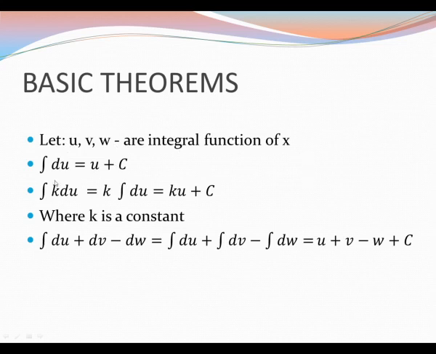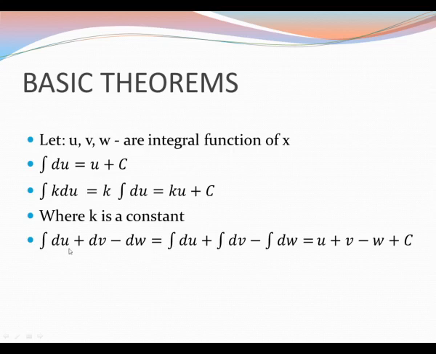For the basic theorems in integral calculus, we will consider that u, v, w here are integrable functions of x. Then the integral of du is equal to u plus c because we have to remove the derivative. For a constant k, the integral of k du, since a constant has no derivative, we can express it as a coefficient and then evaluate the du, so this is simply k times u, and then upon integration plus c.